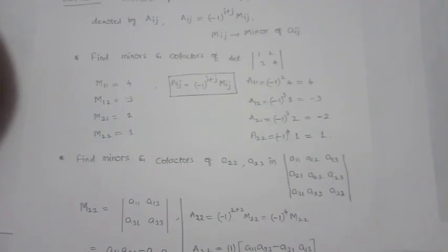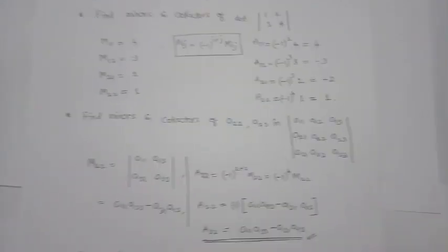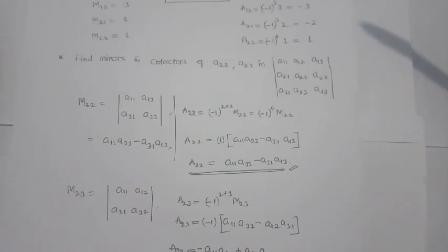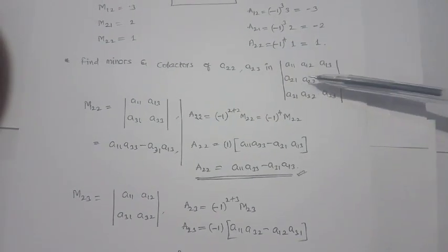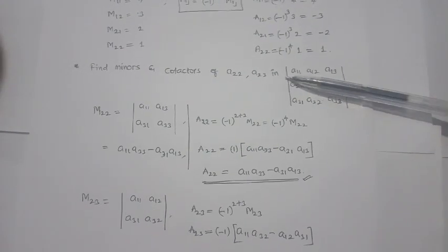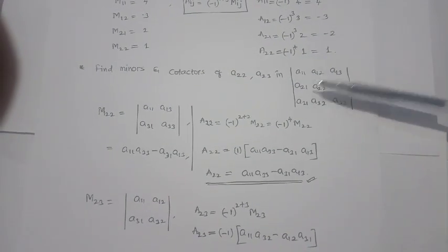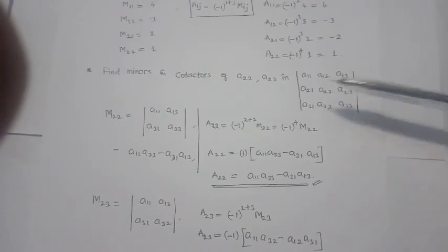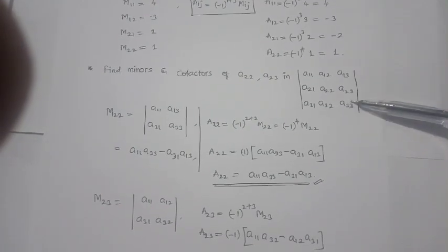Now coming to the next question, the minors and cofactors of A22 and A23 in the determinant of a 3 by 3 matrix. So A11, A12, A13, A21, A22, A23, A31, A32, A33.